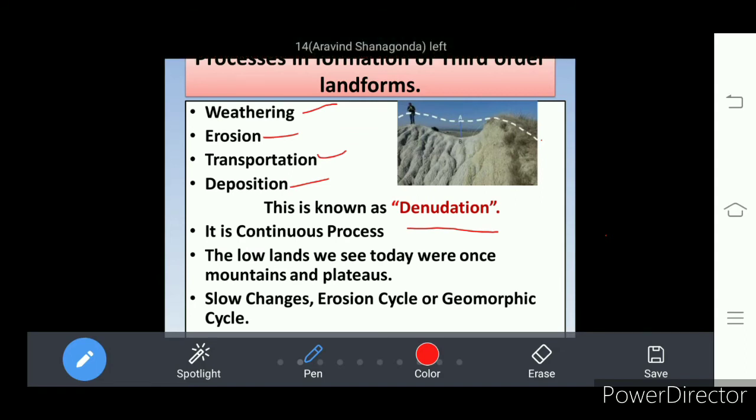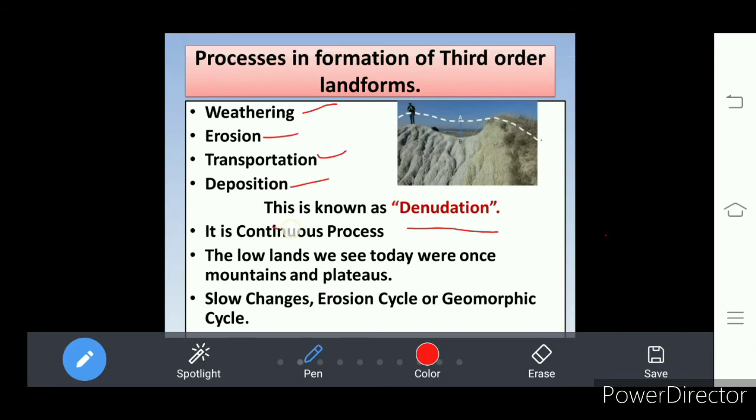And this process is a continuous process. Which process? Denudation. It means that at every moment we find weathering, erosion, transportation, and deposition. At every moment in the sense what? At every time. Always, in all the seasons. It is in the day and night.